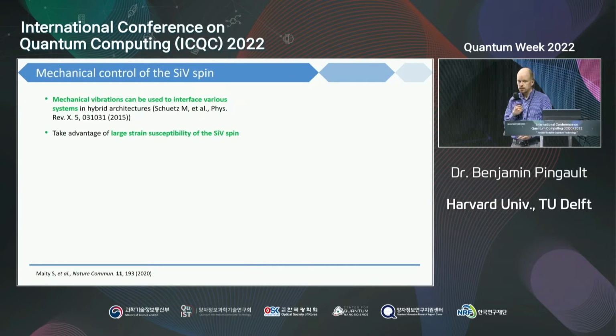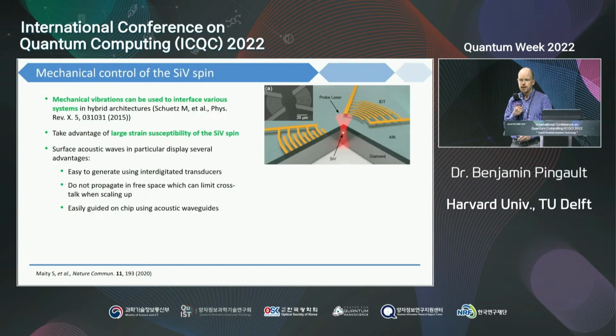And so taking advantage of the large strain susceptibility of the SiV, we use surface acoustic waves, which have several advantages. First, they're easy to generate using interdigitated capacitors. So you see these finger-like structures. They do not propagate in free space, unlike photons.